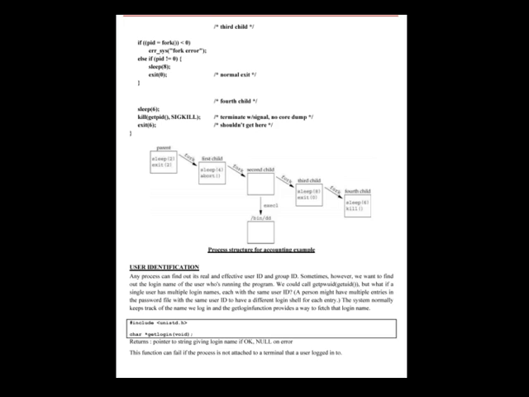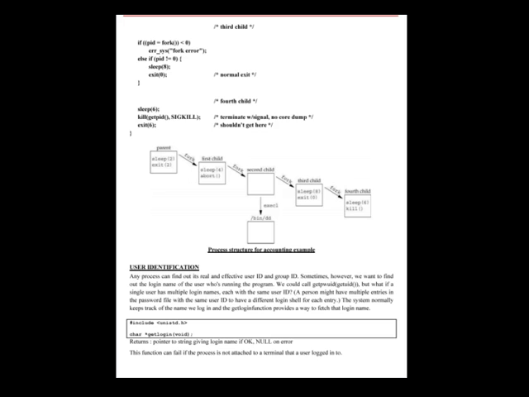User identification. Any process can find out its real and effective user ID and group ID. Sometimes, however, we want to find out the login name of the user who is running the program. We could call getpwuid(getuid()). But what if a single user has multiple login names, each with the same user ID?